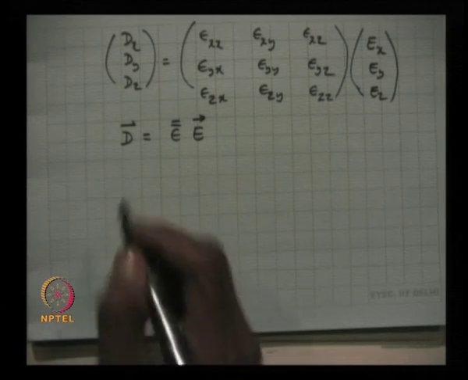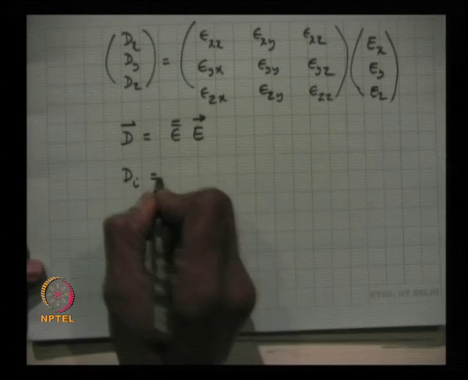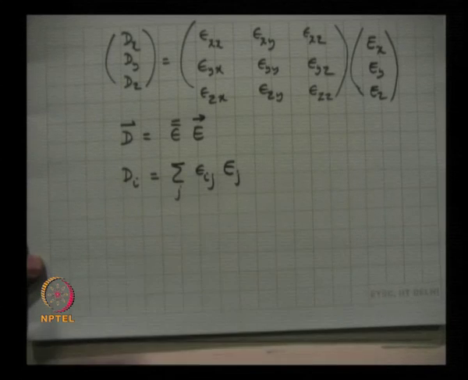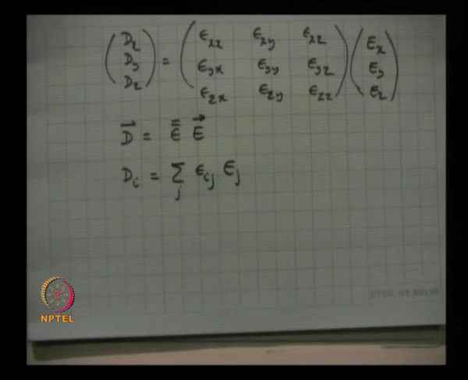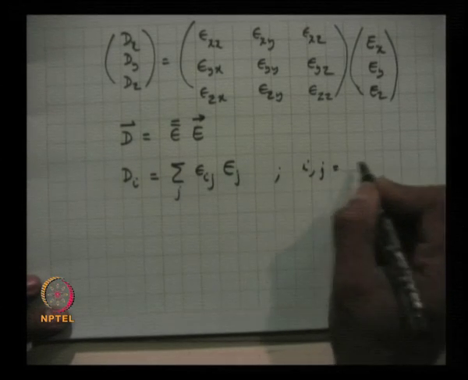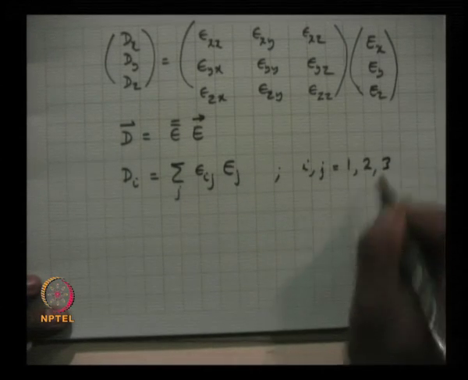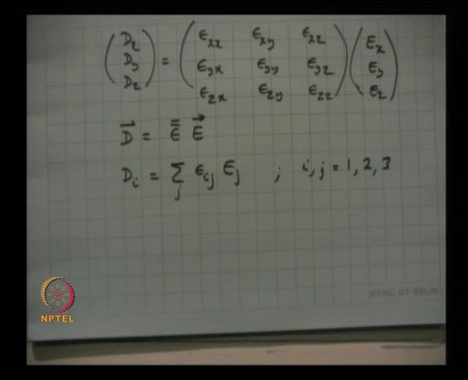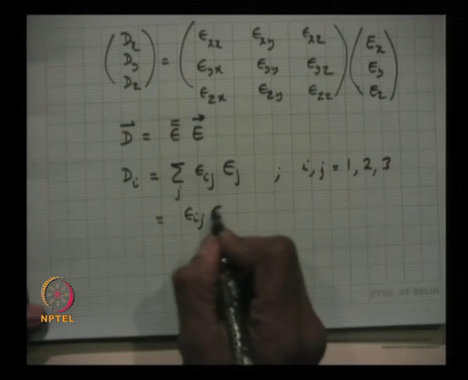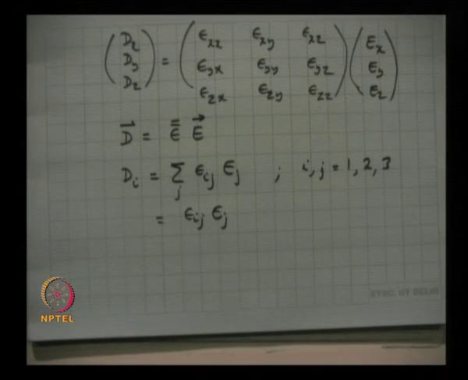So, in component form, this is actually D_i is equal to sigma over j of epsilon_ij E_j. Here i and j take values 1, 2 and 3. Many times this is simply written as epsilon_ij E_j, assuming that repeated indices are summed over. Okay. So, this epsilon is the permittivity tensor.